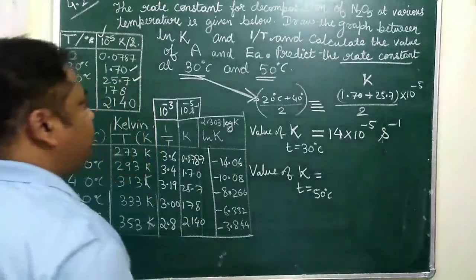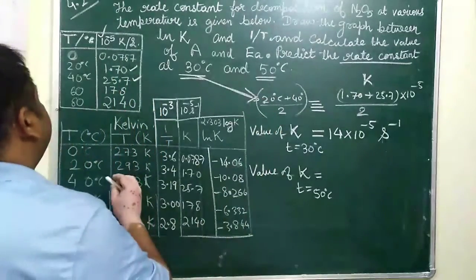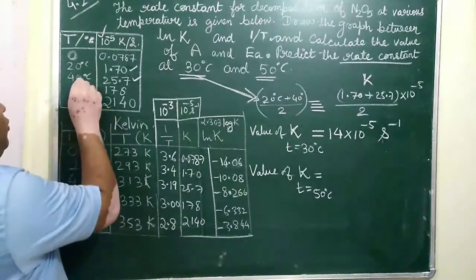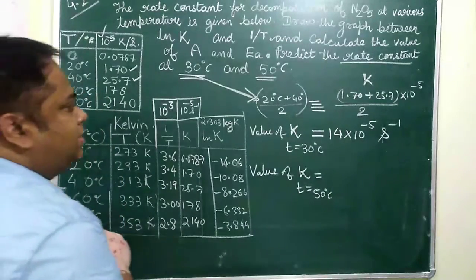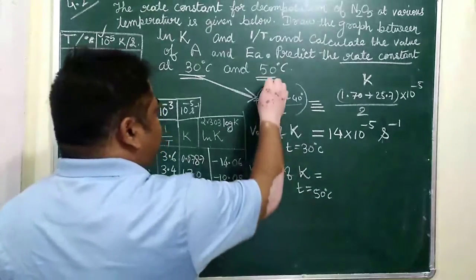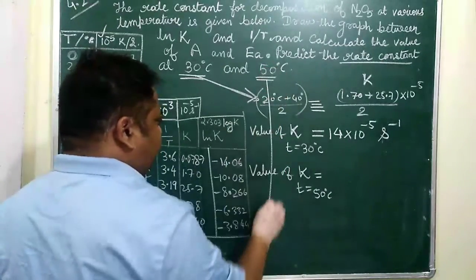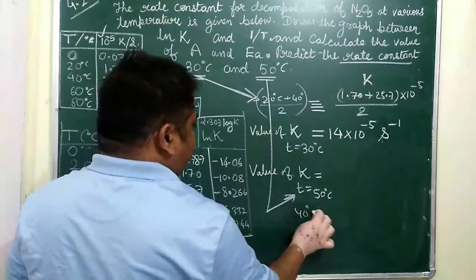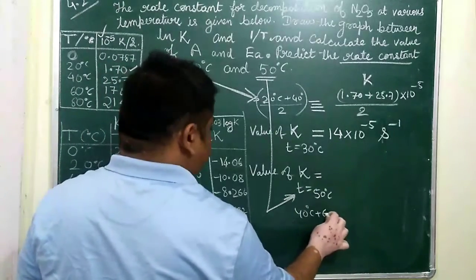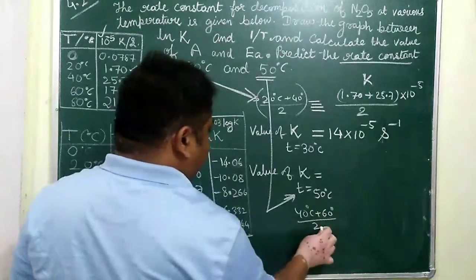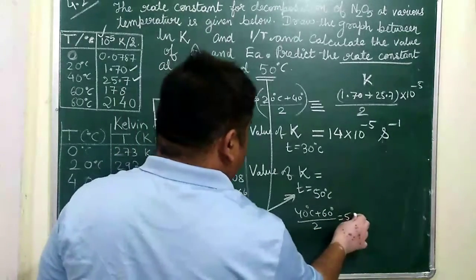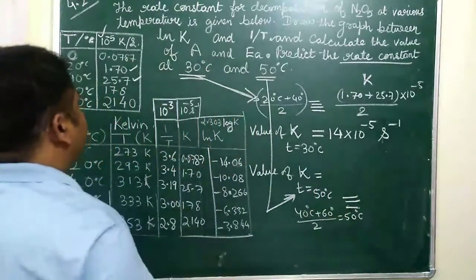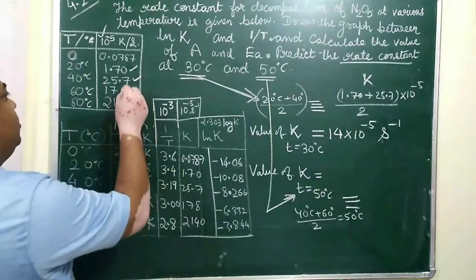A small trick can be played. 50 degrees C comes from the central data of 40 degrees C and 60 degrees C. So 40 degrees C plus 60 degrees C divided by 2 is equal to 50 degrees C.